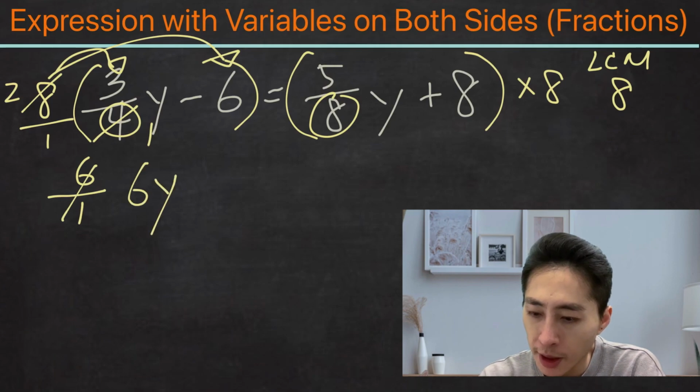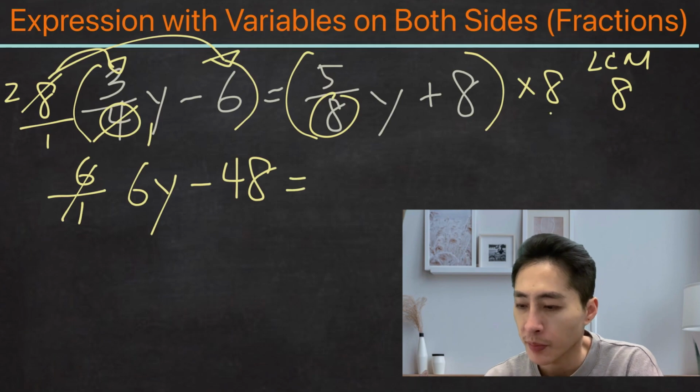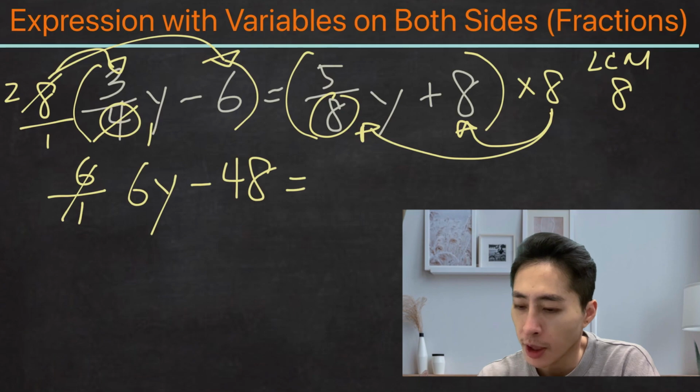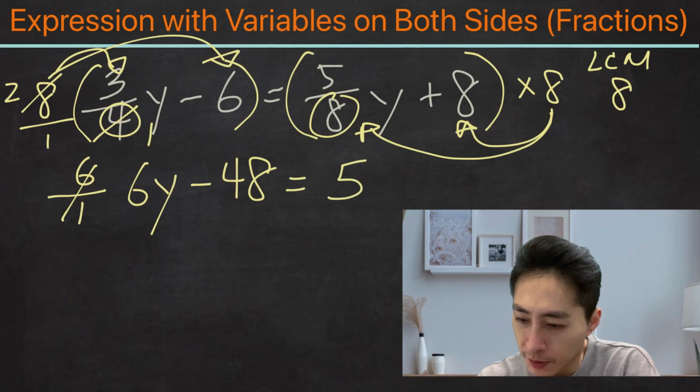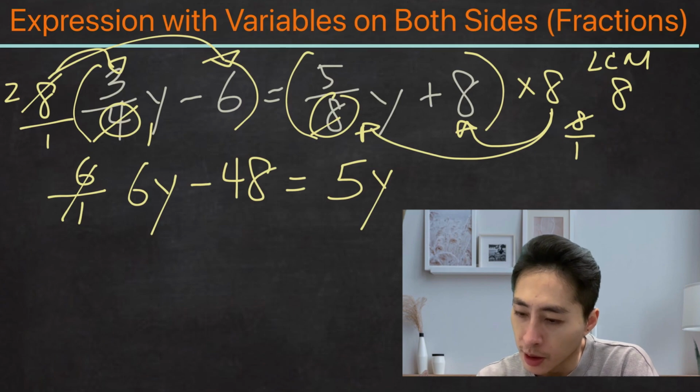And then 8 times negative 6 is negative 48. Now here we're going to multiply this way. 8 times 5, 40. 40 divided by 8 is 5. Or you could simply just cross it out, as this would basically be 8 over 1, and this can cross out with here. And now 8 times 8, 64.